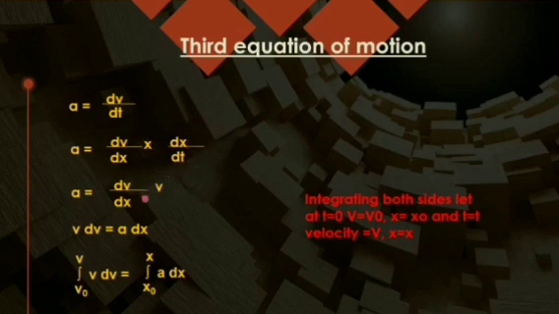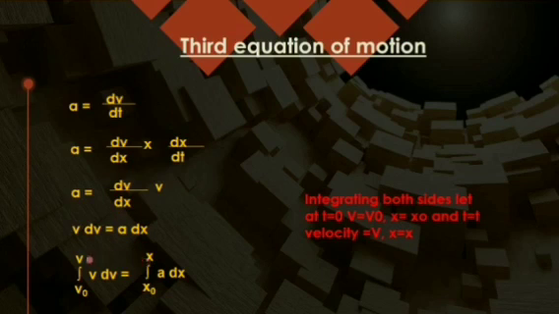Then dx by dt is velocity, and I can write this expression as a equals dv by dx into v. So I can write a dx equals v dv, it means v dv equals a dx.